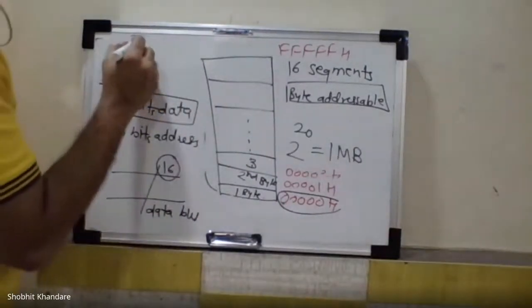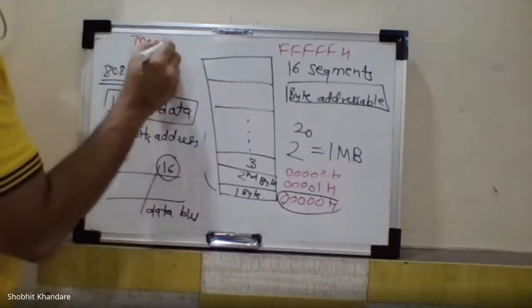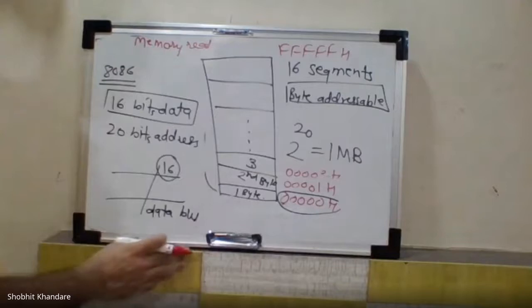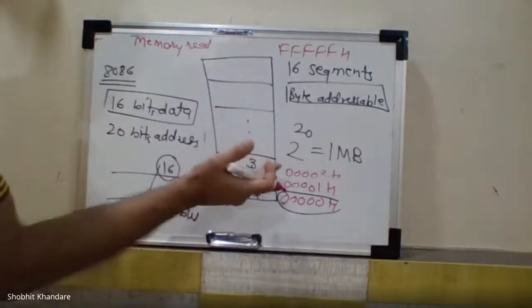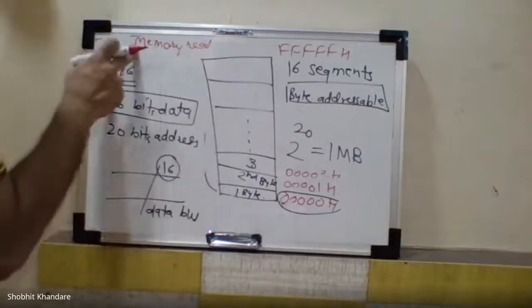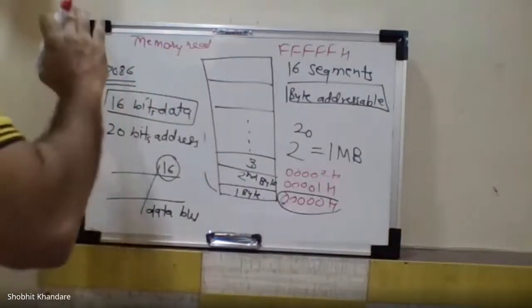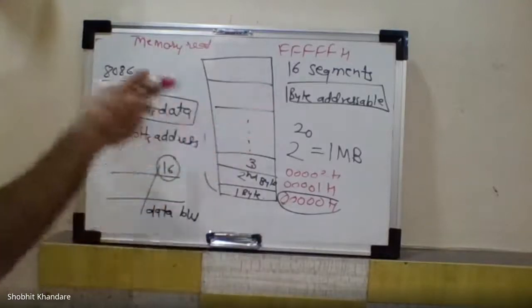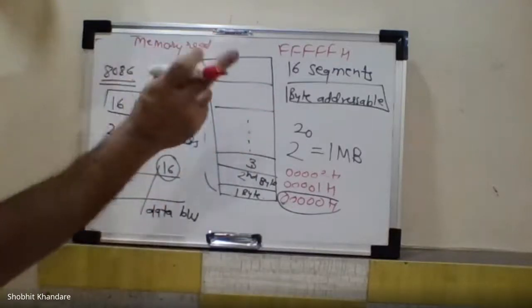You know memory read. Memory read means I want to read from the memory, that means the data will be moved from memory towards the processor. That is called memory read. What is memory write? Writing the data into the memory. I am taking an example of a memory read.